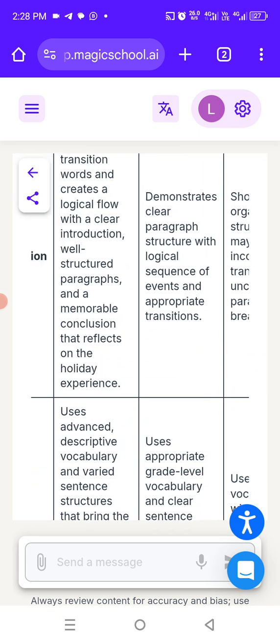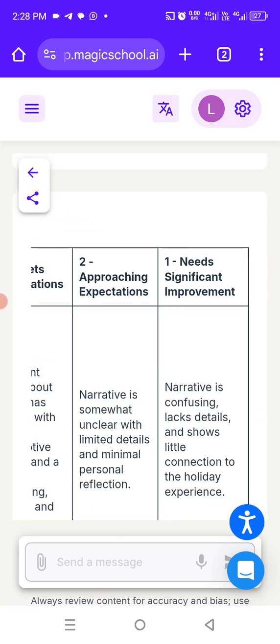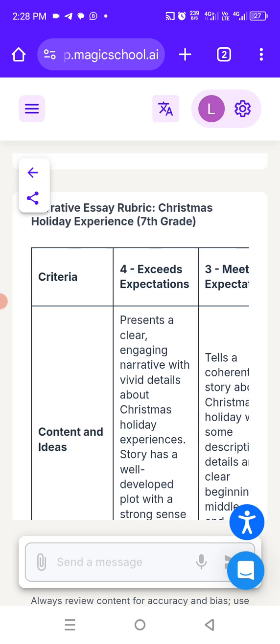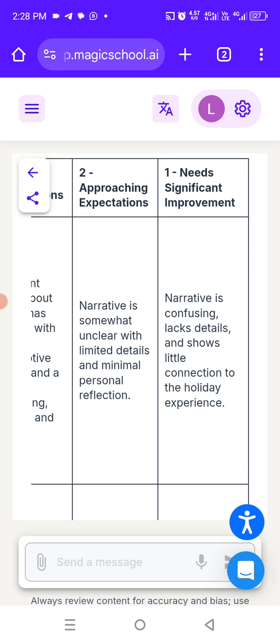Now look at the criteria for the performance grading. For the first criterion, content and ideas, if the person is in level one, which needs significant improvement, it means that when you read the essay, it was confusing, it lacked details, and showed little connection to the holiday experience.